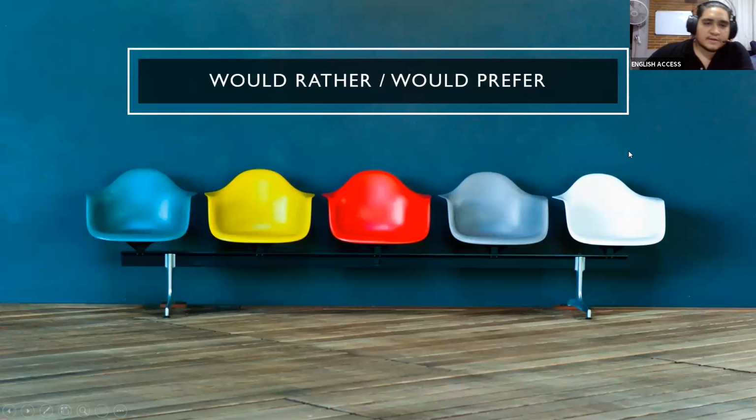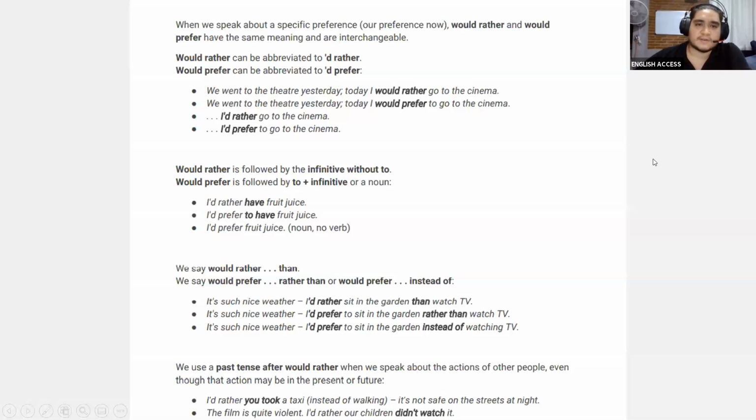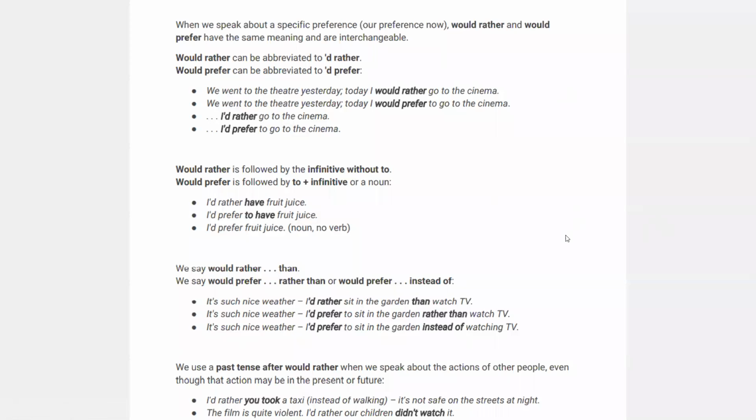Okay, now we're going to go to would rather and would prefer. This is to give advice or recommendations as well. Well, not exactly, but let's take a look at it now.